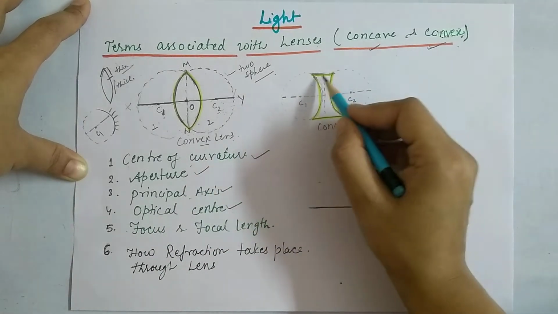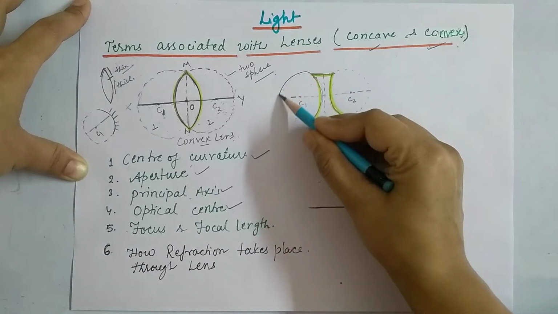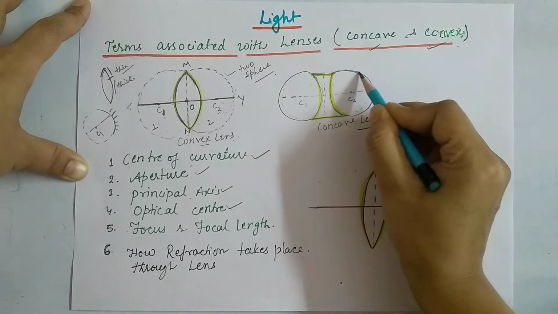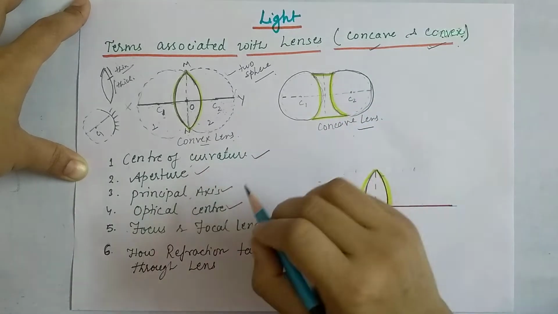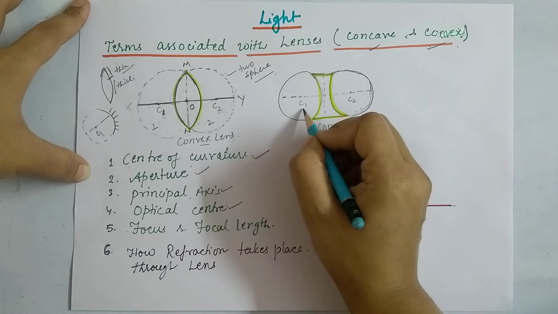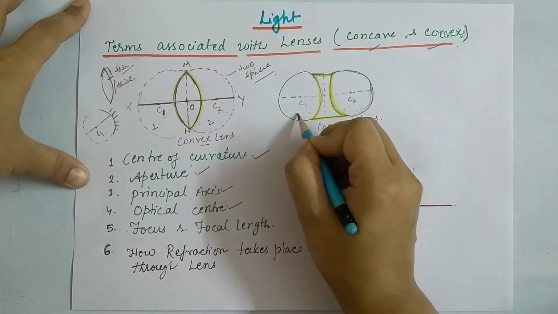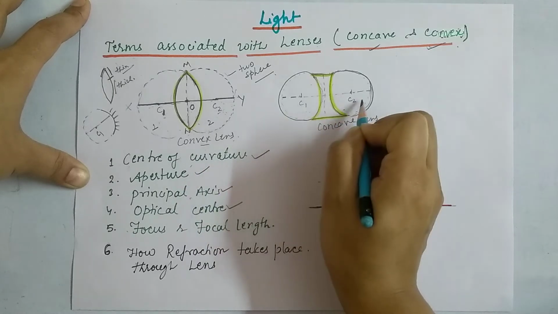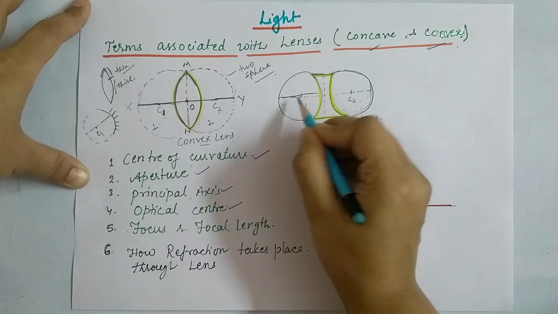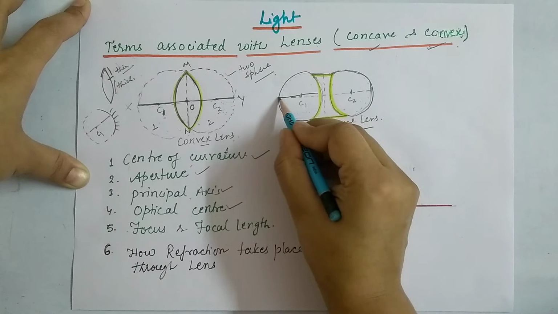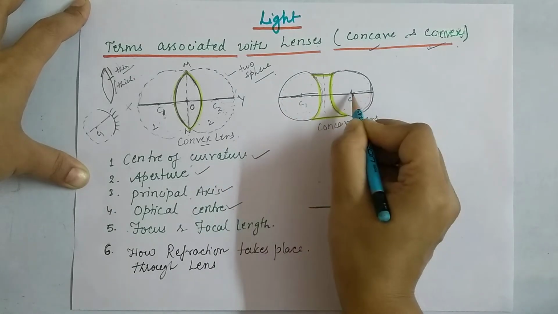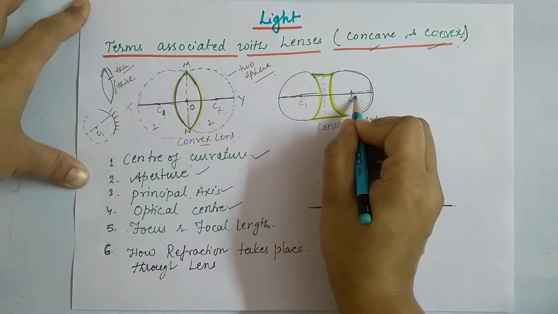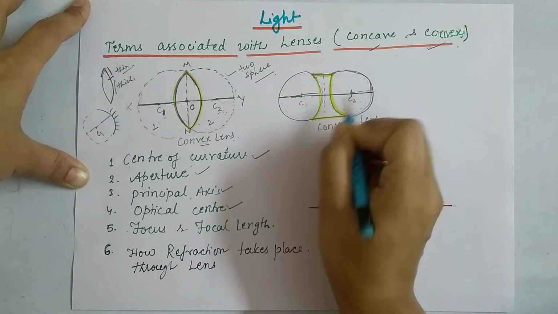We know that the concave lens is also made up of two spheres, and obviously, if it is made up of two spheres, then it must have two centers of curvature, C1 and C2. This is your C1 and C2, and this is your principal axis. This is the imaginary line that connects C1 and C2, that is your principal axis.